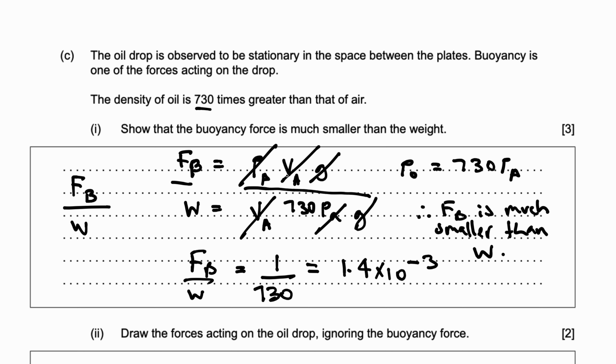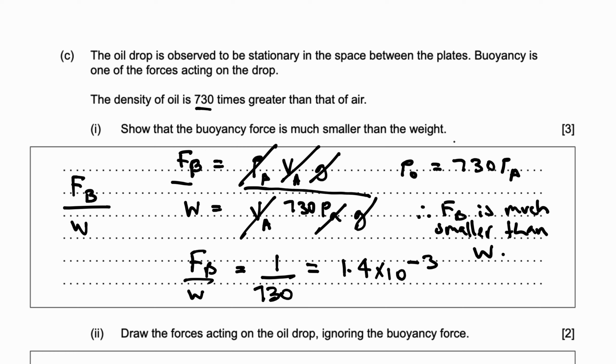To recap, for buoyancy, I know the formula is the density of air, times the volume of air that is being displaced, times gravity. This is given in a data booklet. And the formula for weight is mass times gravity, where mass can be written as volume times density. This is the new expression for weight, and we know the density of oil is equal to 730 times the density of air, so that's what I substituted for density.